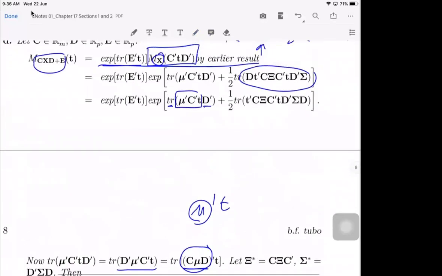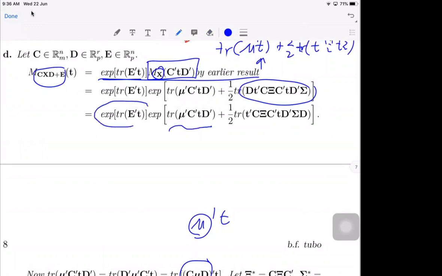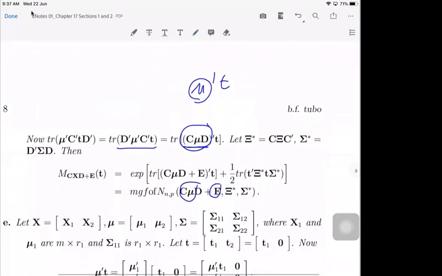Okay, that is what we got. Trace of mu prime C prime D, we will substitute later, since it is just an exponential anyway. Okay? So we form it as T prime psi T and sigma with the C. So this transforms T prime into T. So your psi is C psi C prime, and your sigma is D prime sigma D. No?